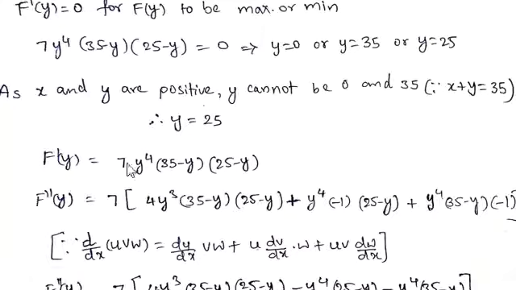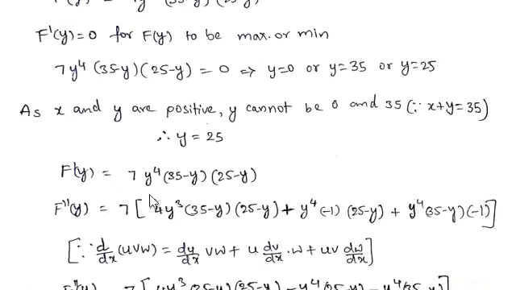So we write 7 outside. First, differentiation of u, that is y to the power of 4 with respect to y, is 4y cubed, and the remaining two terms as they are. Plus u as it is, and differentiation of v, the middle term: 35 is a constant, so 0, and minus y derivative with respect to y is 1, so we get minus 1, and w as it is.